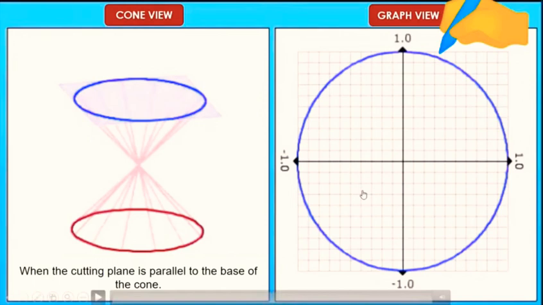Now, observe that as the plane, which is parallel to the base of the cone, passes through the cones, we have a circle.